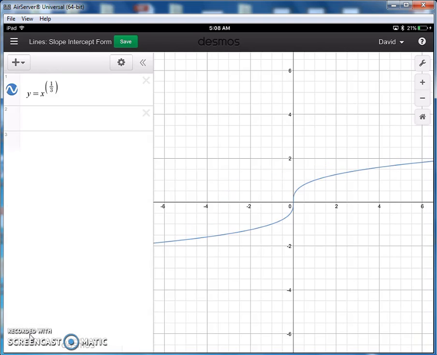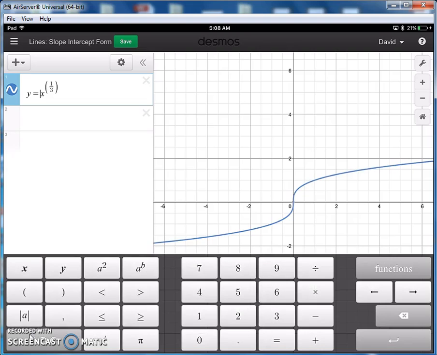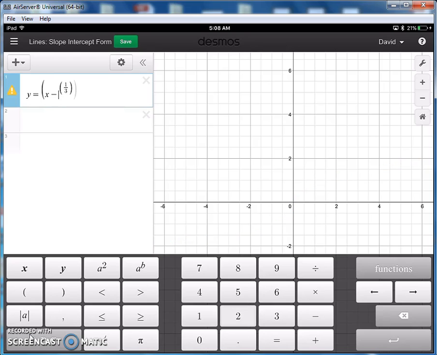And you can put in your transformations. You might want to put in parentheses in there. So x minus 2, and I'm going to close that parentheses. Now you see it shifted right 2. Put something on the end.